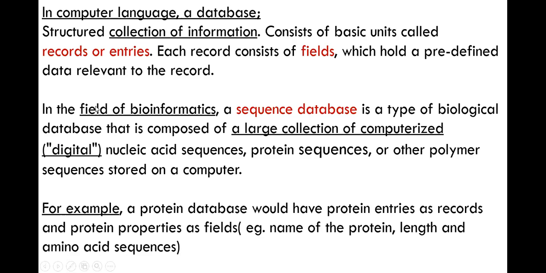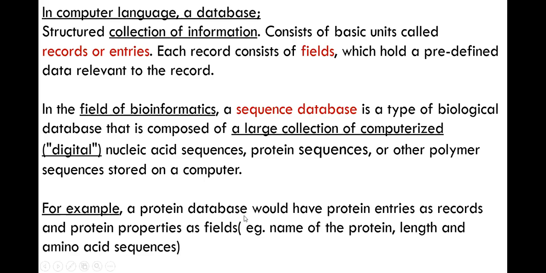But coming to the field of bioinformatics, you're specifically talking about sequence databases that correspond to nucleic acids, proteins, or other polymer sequences. So you're using this data in terms of computers and analyzing the data. That is the field of study called bioinformatics: studying biology using computers in a simplistic form.